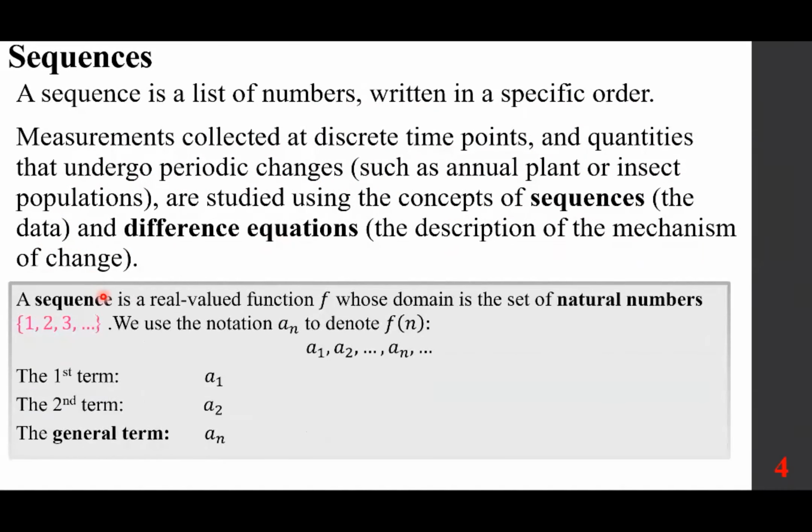So a sequence is a real valued function f whose domain is the set of natural numbers or positive integers 1, 2, 3, and it continues indefinitely to infinity.